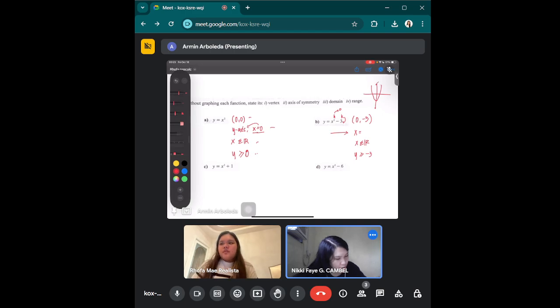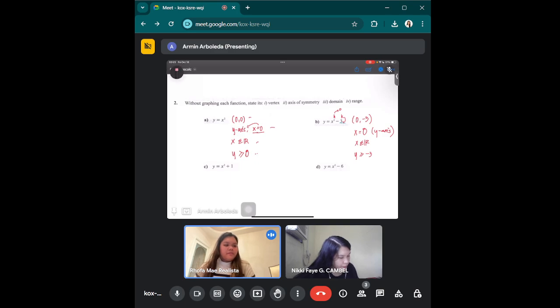So the axis of symmetry is still the what? Y-axis, right? And then y-axis, your x is always equal to 0. Okay? Sorry sa confusion. Okay na po ba? Yep.